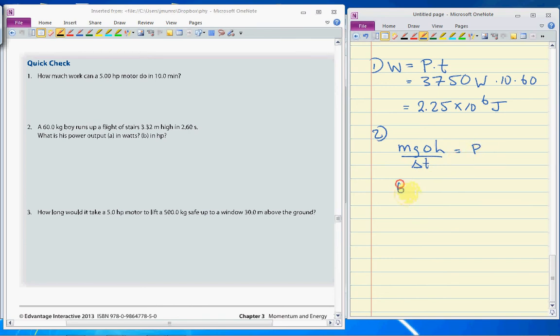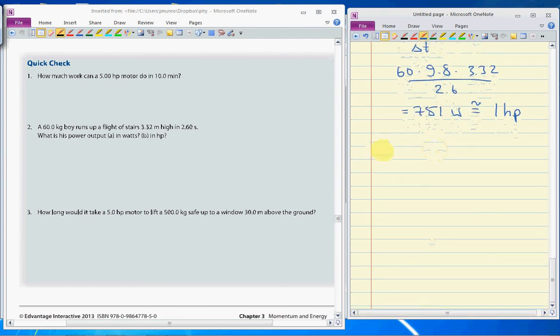We have a mass, 60, we have a g, 9.8, we have a change in height of 3.32, and we have a time of 2.6. This works out to 751 watts, which is about 1 horsepower.